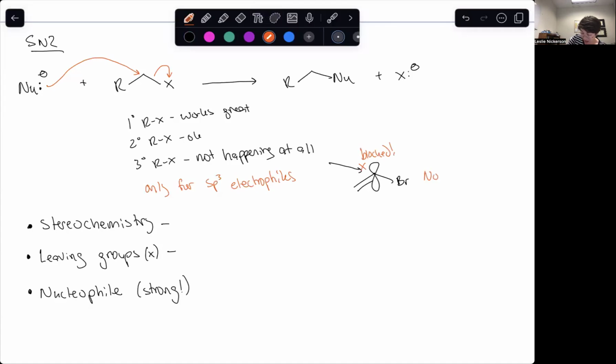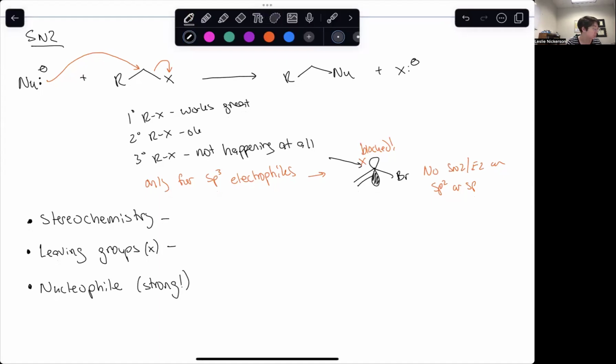So we're not going to see any SN2 or E2 on anything besides sp3, so sp2 or sp atoms. Okay, so we want to make sure that we're being very clear about that pi or that p orbital is blocking that nucleophilic attack, so it's not going to happen.